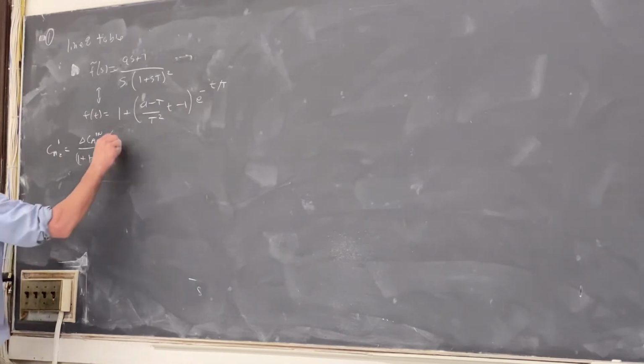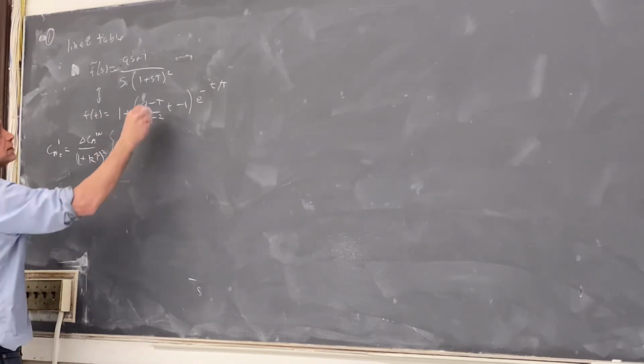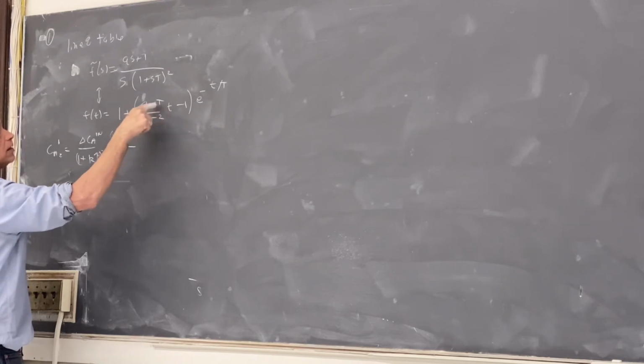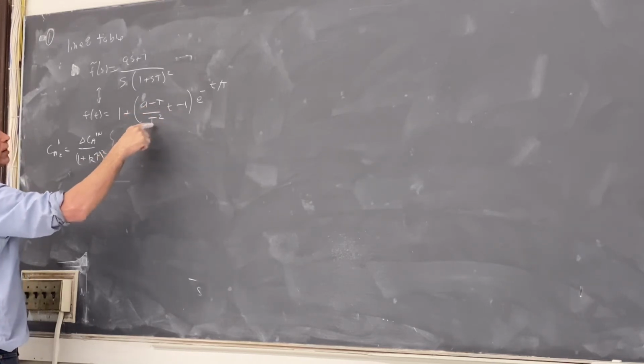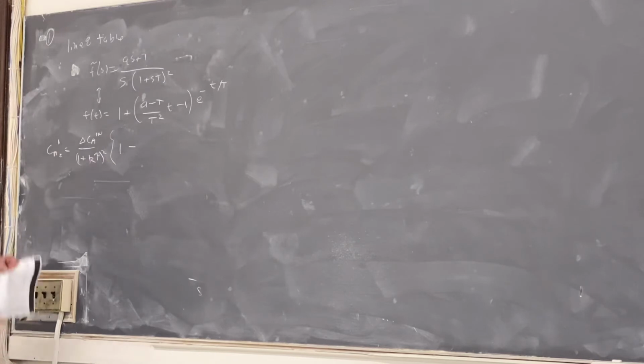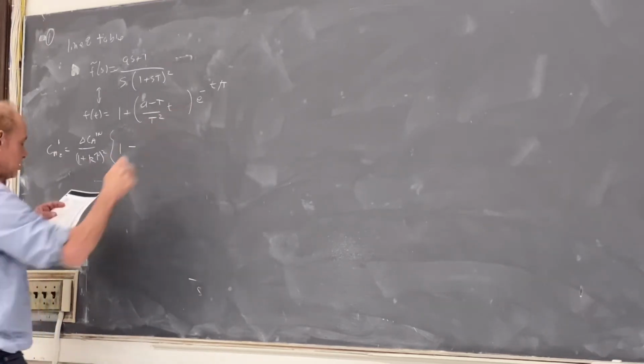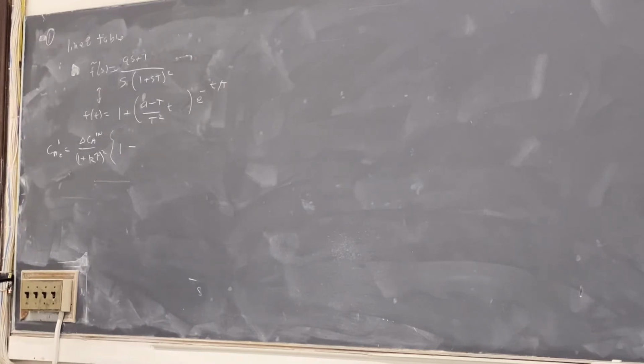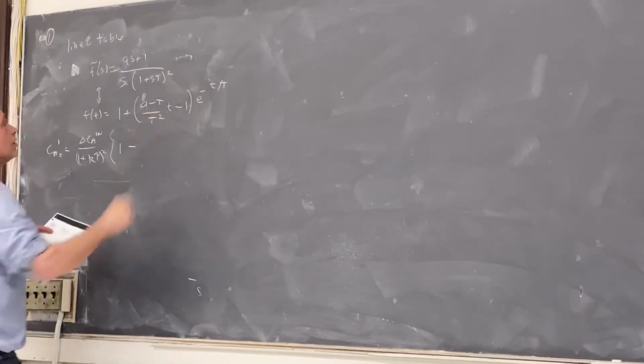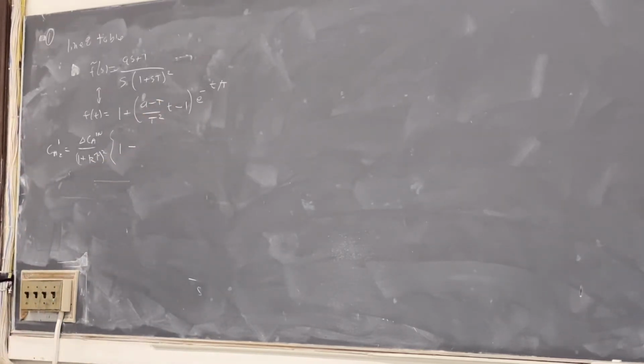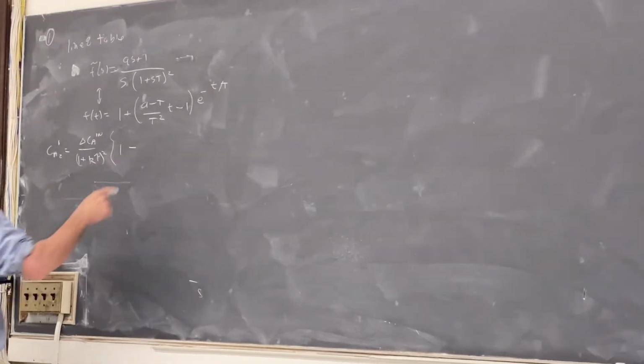So when a is 0, I've got minus t over τ squared, which is 1 over τ squared. Why do I have a minus 1 there? That's not minus 1, it shouldn't be there. No, it is there. Okay, all right, so let's see what we get.